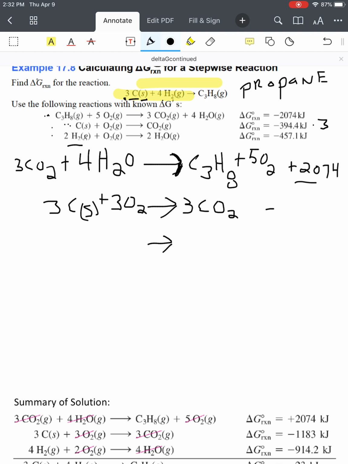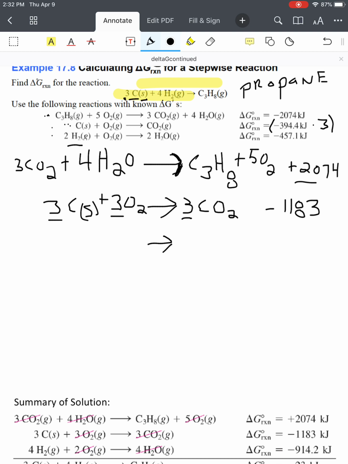I didn't flip the reactants and products, so the sign is still negative. But I do need to multiply it by 3. And if I do that on my calculator, I get negative 1183 kilojoules for that reaction. And it's delta G0. Again, because you multiply by 3, you also have to multiply your delta G by the same number.